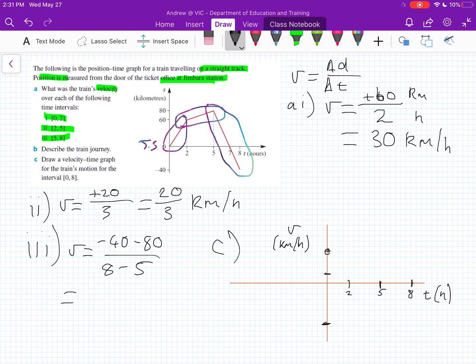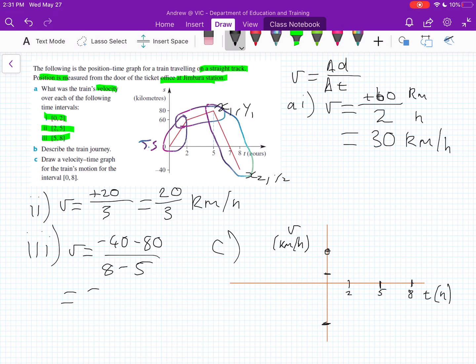Sorry, not range formula, your gradient formula. So just remember this is like your x2, y2, and this is like your x1, y1. So you can always bring it back to that if you want to. So that's what I've done there.